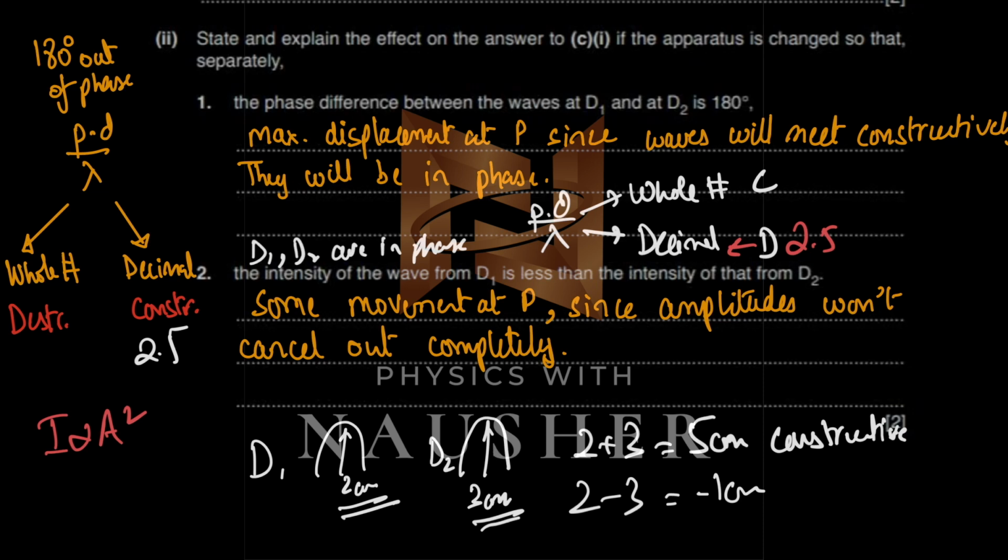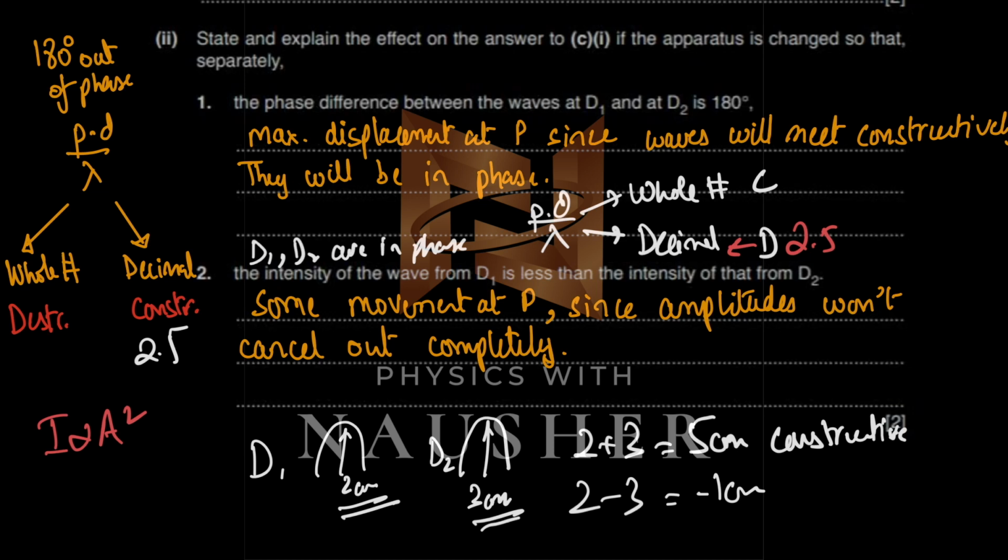If D1 and D2 are in phase and their amplitude is different and they meet destructively, when they overlap, will the resultant amplitude be 5 or will the resultant amplitude be minus 1? The answer will be the resultant amplitude will be minus 1. There will still be some movement at P since the amplitudes won't cancel out completely.